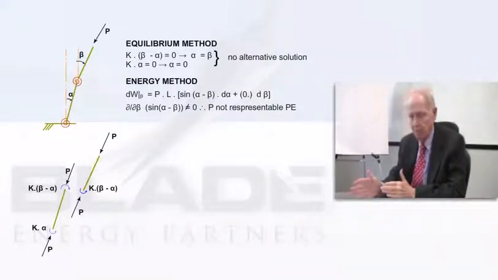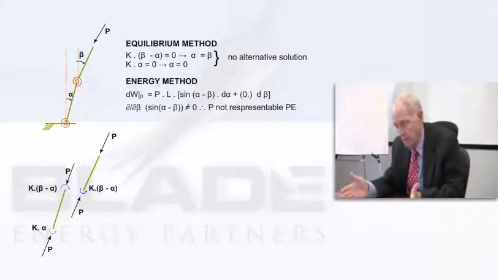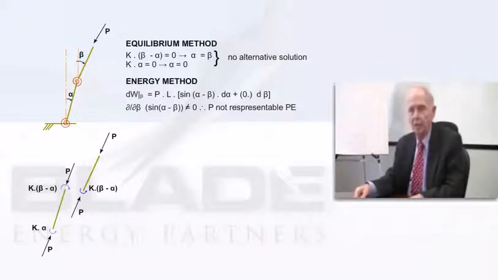You put the alpha first and the beta second, or beta first and the alpha second. And what you find is the work done by P is different in both cases. So in the case of the energy method, you just have to throw up your hands. It doesn't work. So forget about that.